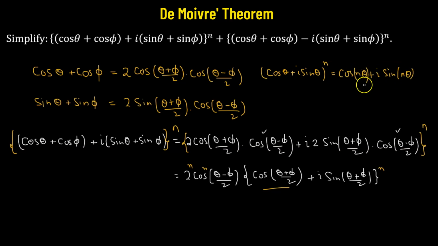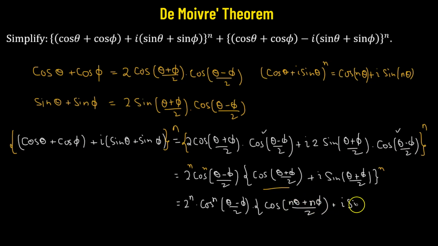So that means we can rewrite our expression as 2 raised to the power of n times cosine raised to the power of n of (theta minus phi) over 2 times this expression, which, when we apply De Moivre's theorem, will become cosine of (n theta plus n phi) divided by 2 plus iota times sine of (n theta plus n phi) over 2. So this is the expression, which is the first term.